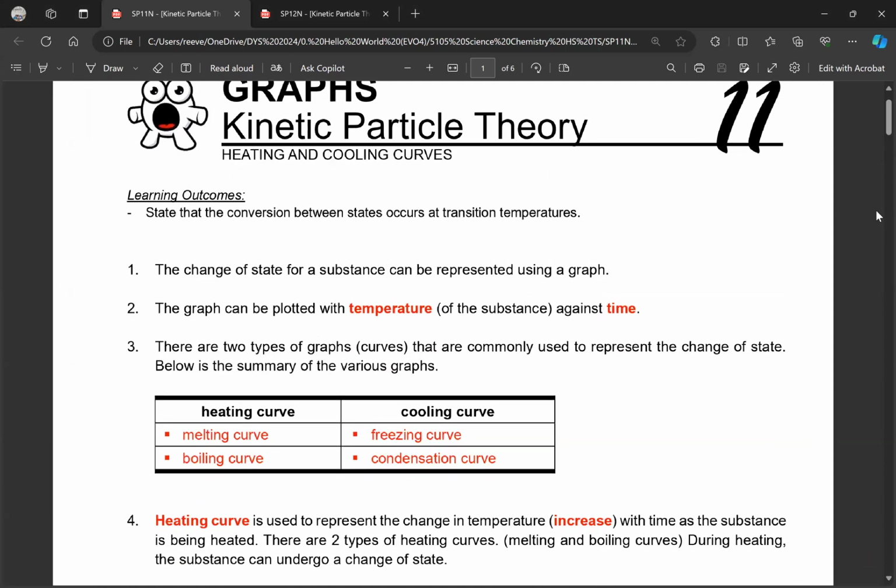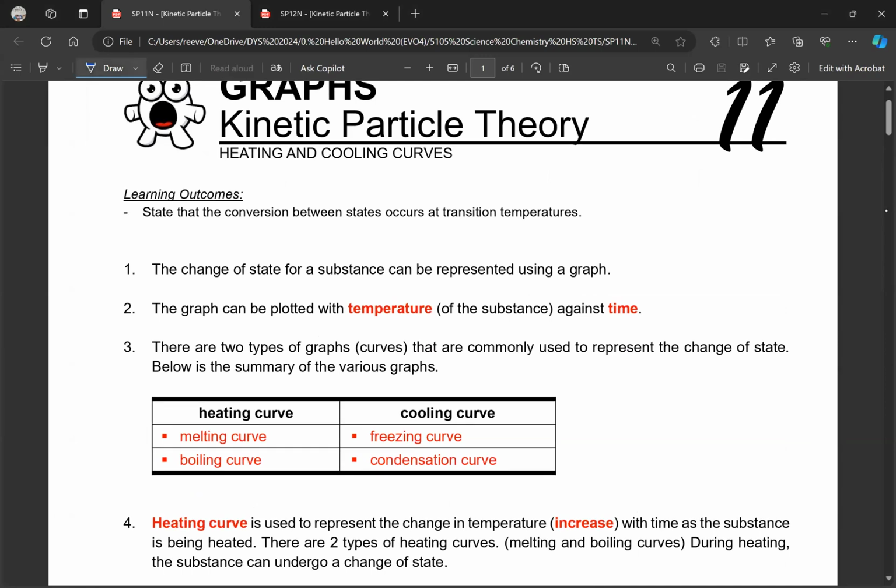Our focus today is about the change of state. We can use a graph to represent a change of state. What is a change of state? If you recall from our previous lesson, change of state means melting, that means you change from solid to liquid.